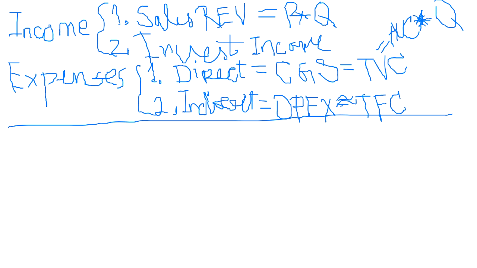In the case of average cost, right? Product average cost is relatively constant up to a certain point.